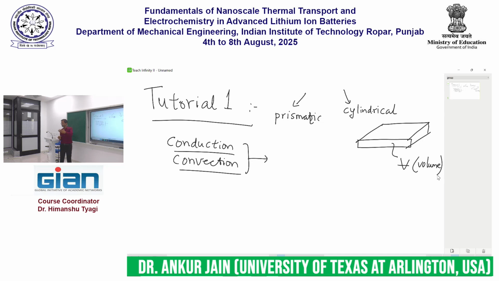We will learn as this class goes forward that this lithium ion cell generates heat. So there is some internal heat generation, Q triple prime, that happens inside this cell.